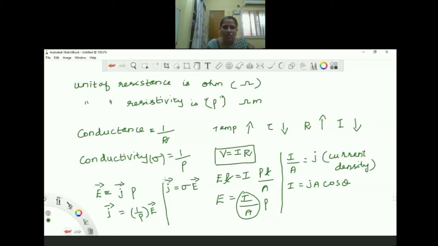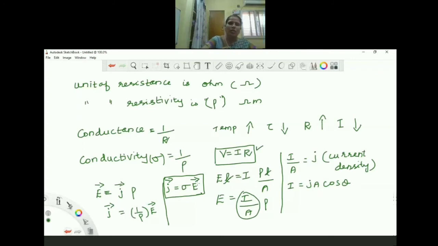This is the microscopic form of Ohm's law. Both are Ohm's law only. So this is V is equal to IR, and again we have J is equal to sigma E, where J is the current density, sigma is the conductivity, and E is the electric field.